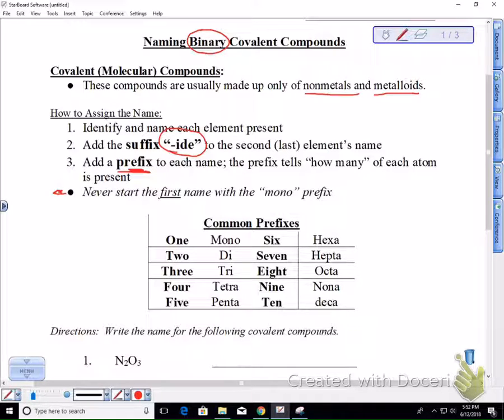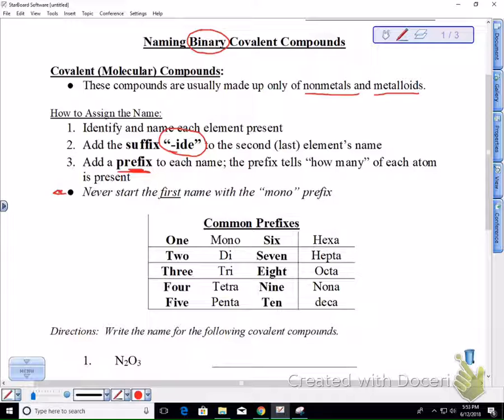That's the only exception. Every other time you should start with a prefix. The second word will always have a prefix. The first word will always have a prefix except mono. I can't give you a good reason why that is, but it's just the way it is.